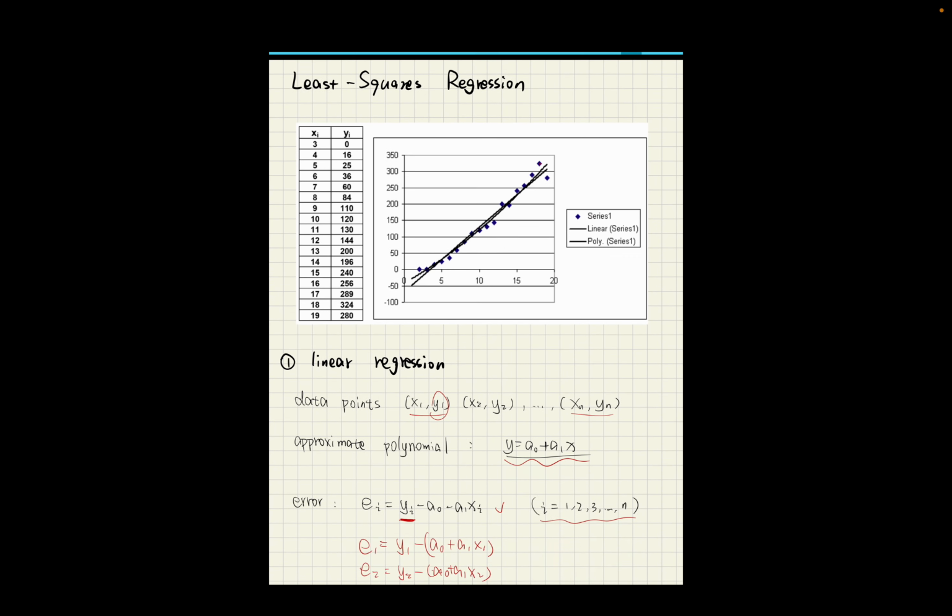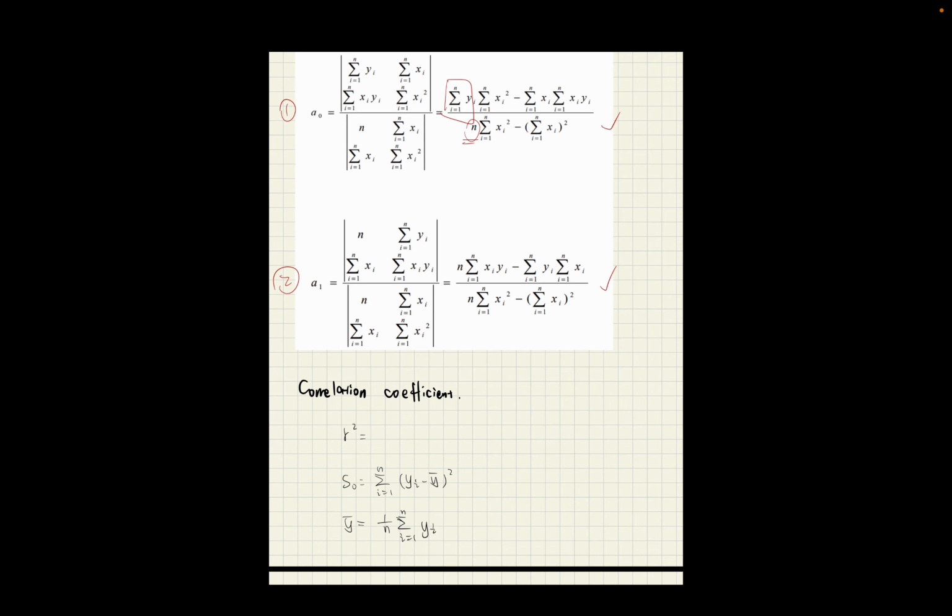So here n means the number of points, and the summation is also not difficult, right? I believe everybody can compute that quickly. So now you get a0 and a1. We substitute them back into our original equation.